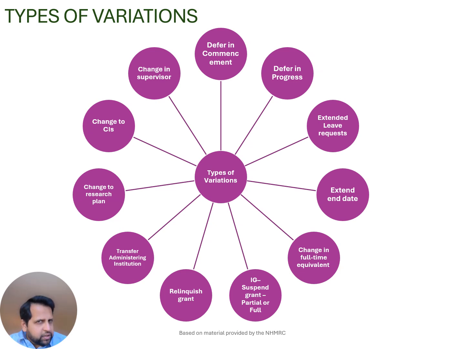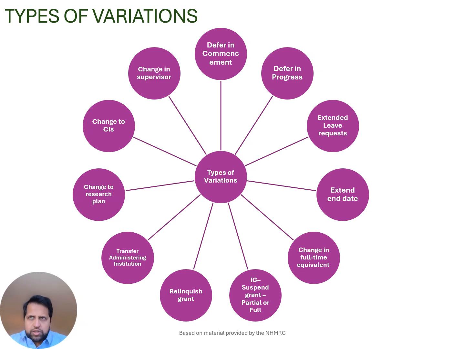The next one is the change in the full-time equivalent. NHMRC may have approved your grant on a part-time basis or a full-time basis. For example, for investigator grants, the FTE might be part-time due to personal reasons or part-time due to professional reasons, and so on. This is primarily focused on investigator grant applicants where part-time personal and part-time professional activities come into play.